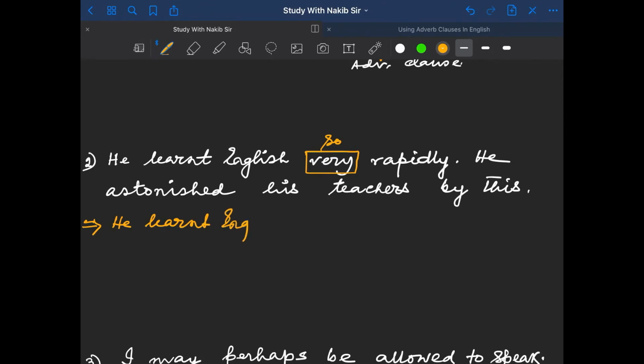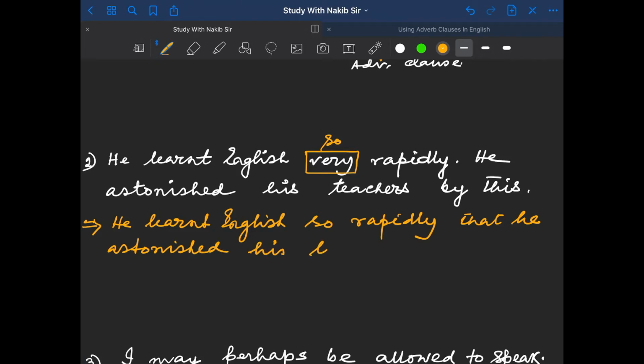He learnt English so rapidly that he astonished his teachers. By this, you need not write by this. He learnt English so rapidly that he astonished his teachers. Okay, so this is the effect.